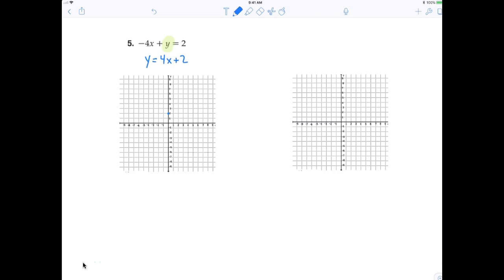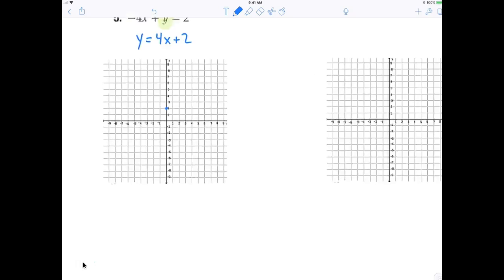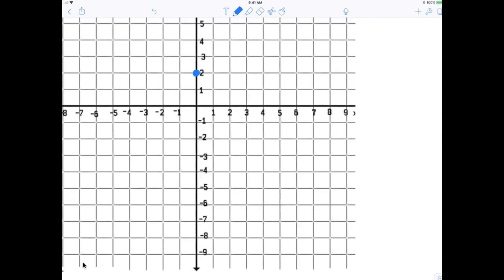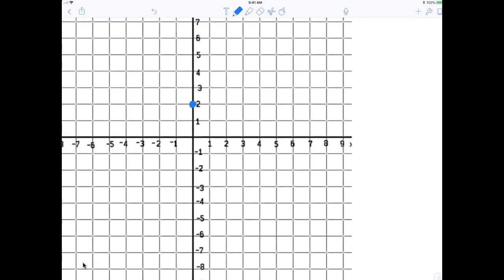Do you agree with me on this? All right, now from there, Caroline, what do I do? Yep, that's right. So we plot the point, 0, 2. Any issues? Now, what's the slope again? Yeah, so from there I go. Wow, super simple. Up 4 over 1.